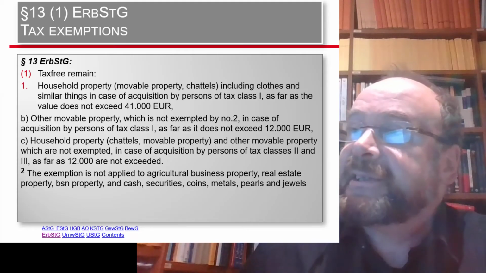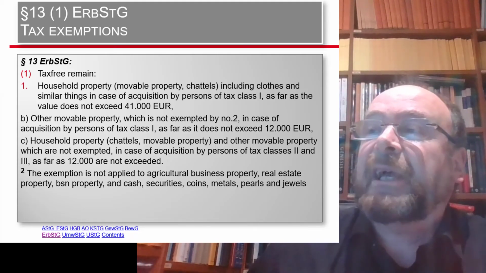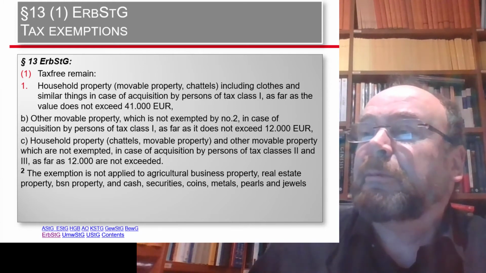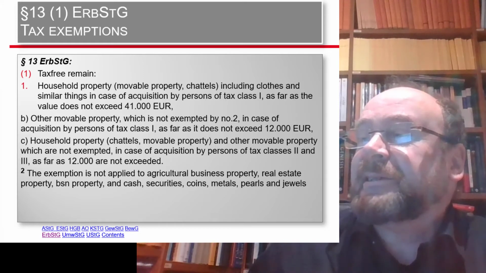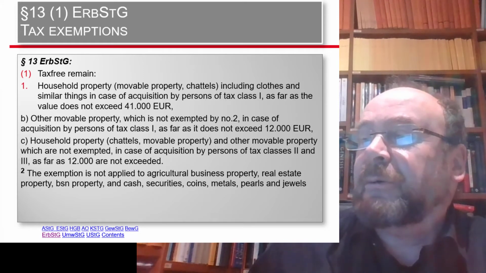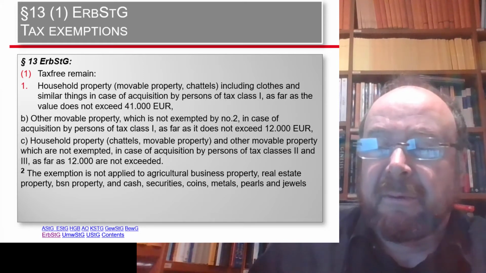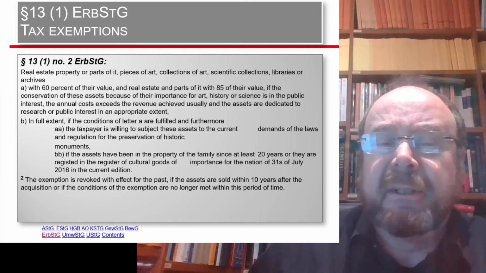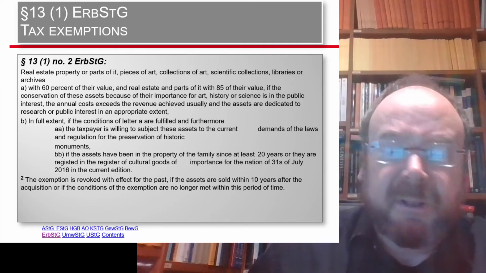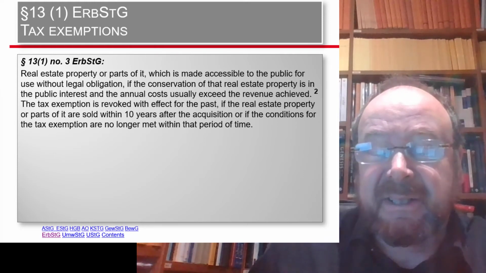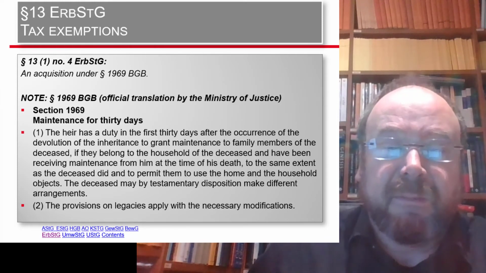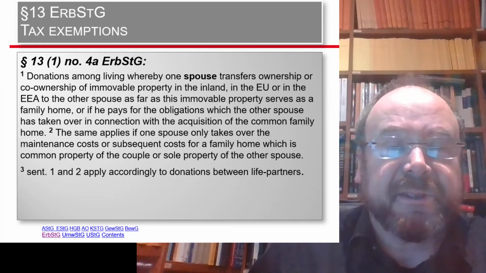So what we can see here is tax-free: household property and other movable property in cases of tax class 1. In cases of tax classes 2 and 3, only 12,000 in total. Not our case. Number 3, real estate property. Not our case. Number 4, not our case. Not our case.